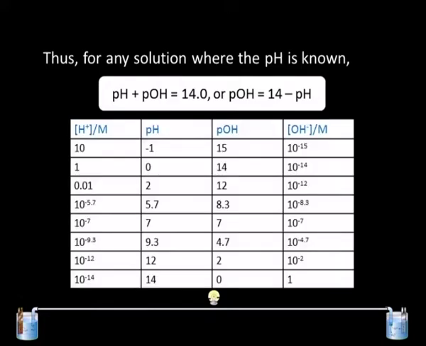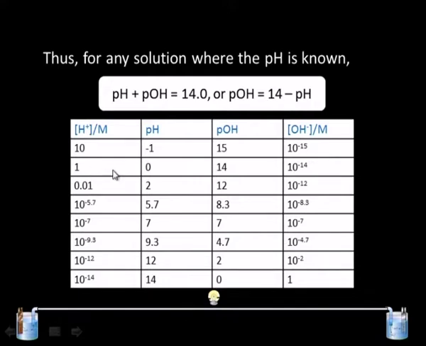Now, let us have a look at the table which provides information on different hydrogen ion concentration and their corresponding pH, pOH and OH- in mole per liter. Say a solution has hydrogen ion concentration as 10 molar, its pH will be minus 1, pOH will be 15, and you can see the sum will be again 14, and OH- concentration will be 10 raised to the power minus 15.